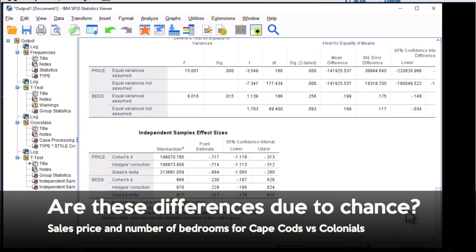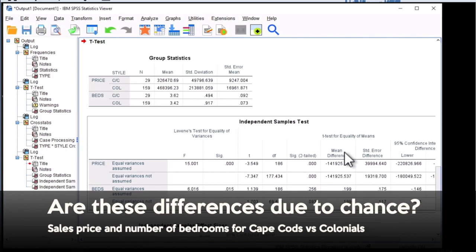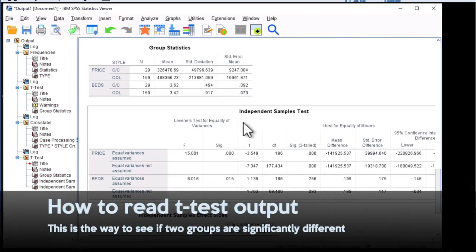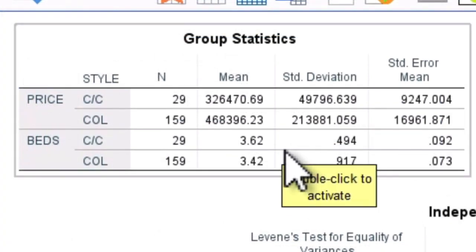And now I get this lovely output. So what do I do? Let's look at group statistics first. So group statistics is looking at each of these variables, and it says, okay, for price, there were 29 reports of price for Cape Cods and 159 for Colonials. Here's the mean selling price for Cape Cods, 326,471 about.